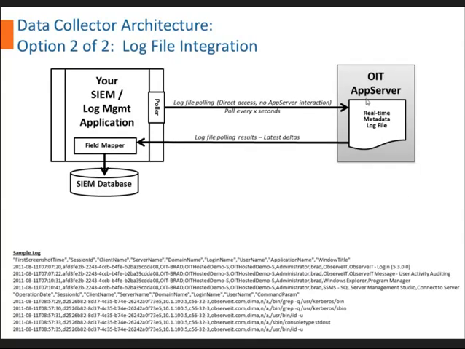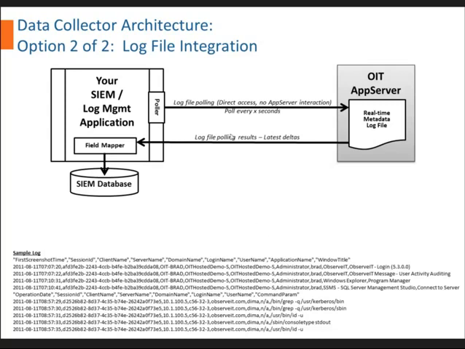The second option would be to have Observit, instead of having the access go directly via a SQL database, go via a real-time metadata log file. If instead you want your SIM poller to access a plain comma-delimited metadata log file, that data collector architecture works as well.